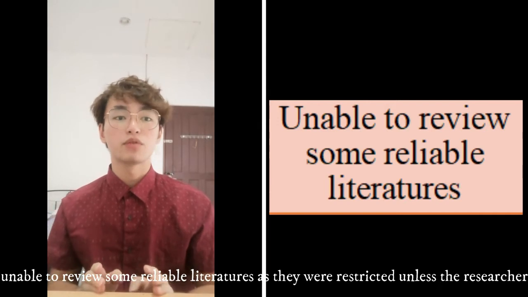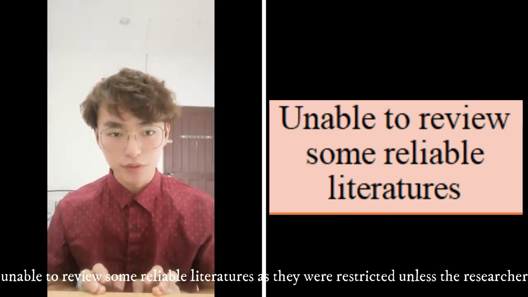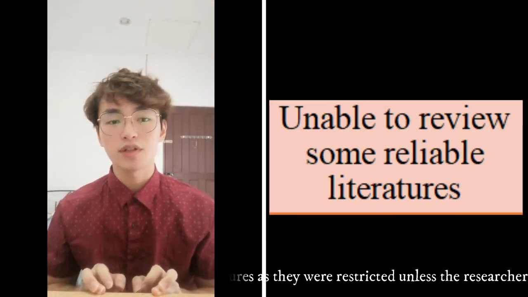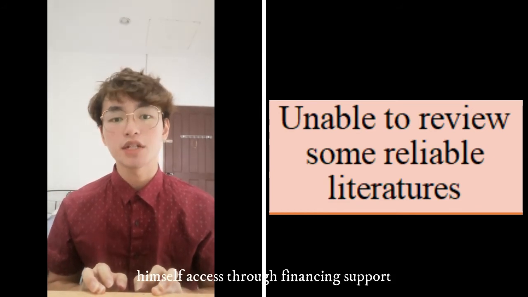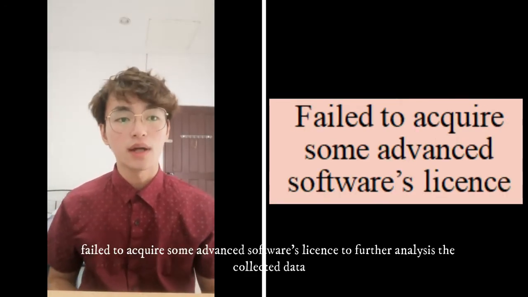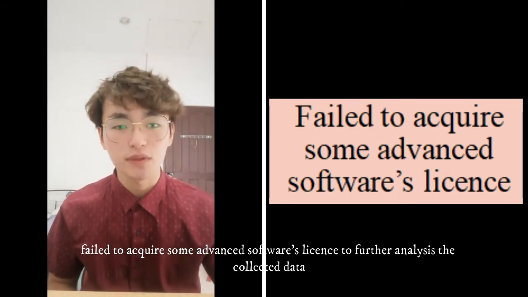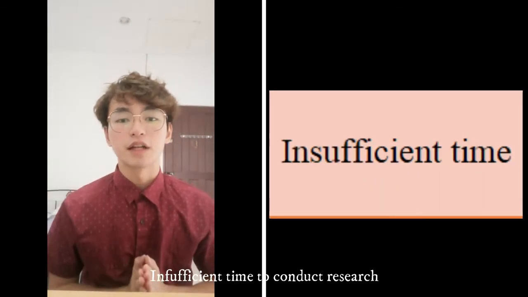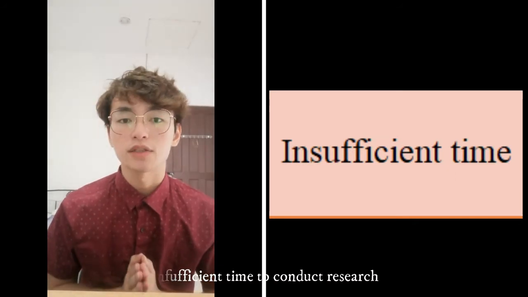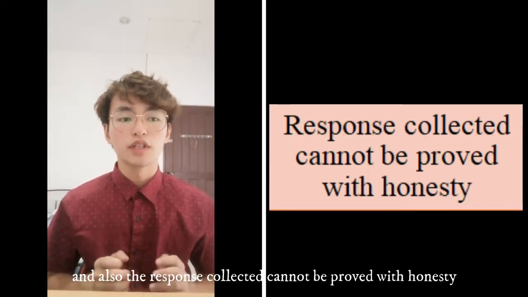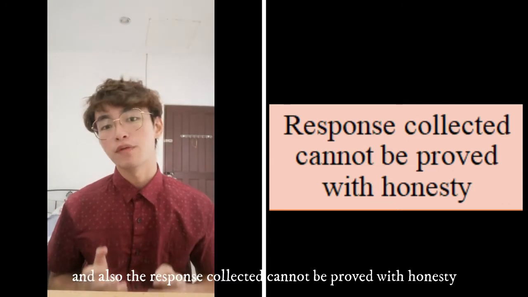Unable to review some reliable literatures as they were restricted unless the researcher accessed them through financial support. Failed to acquire some advanced software licenses to further analyze the collected data. Insufficient time to conduct the research. And also the responses collected cannot be proved to be honest.